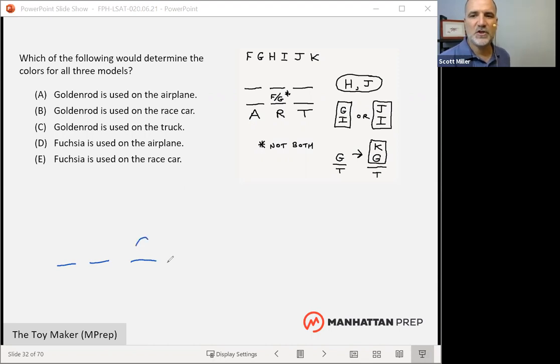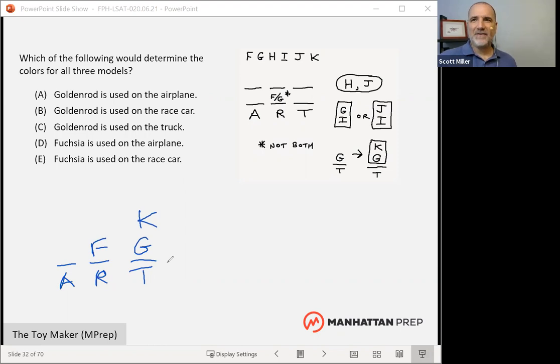If G is in the truck, then what other rule is triggered? I know that K also has to be in the truck, right? And I still know F has to be here. So by putting G in the truck, I'm not just triggering one rule, I'm triggering two rules. That's what we're kind of looking for. We're trying to trigger multiple things.